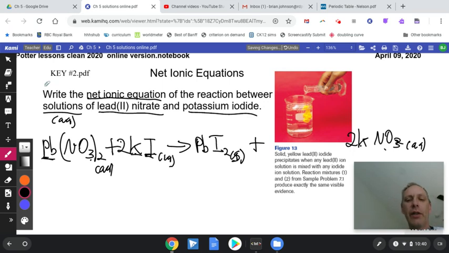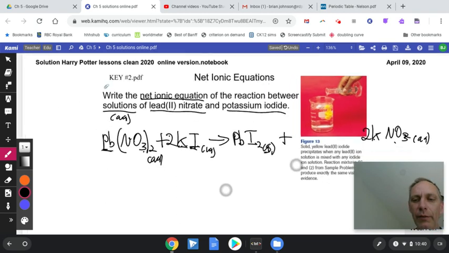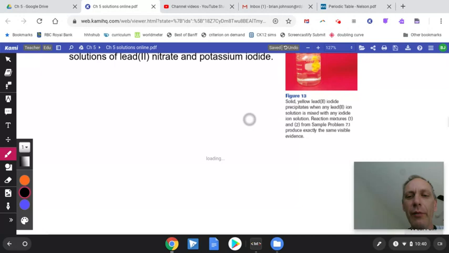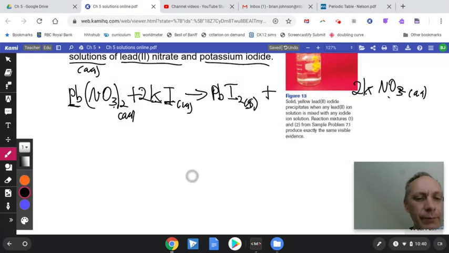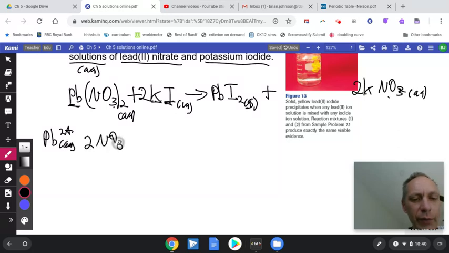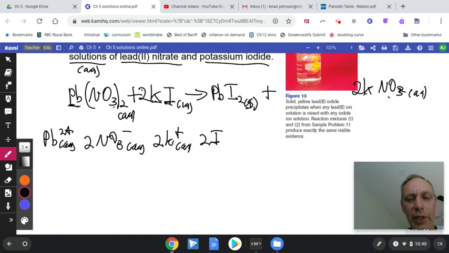Okay, that's balanced. Now, here comes the work. We need to break everything apart that is aqueous. Pb2 plus, aqueous. 2 NO3 minus, aqueous. 2 K plus, aqueous. 2 I minus, aqueous.